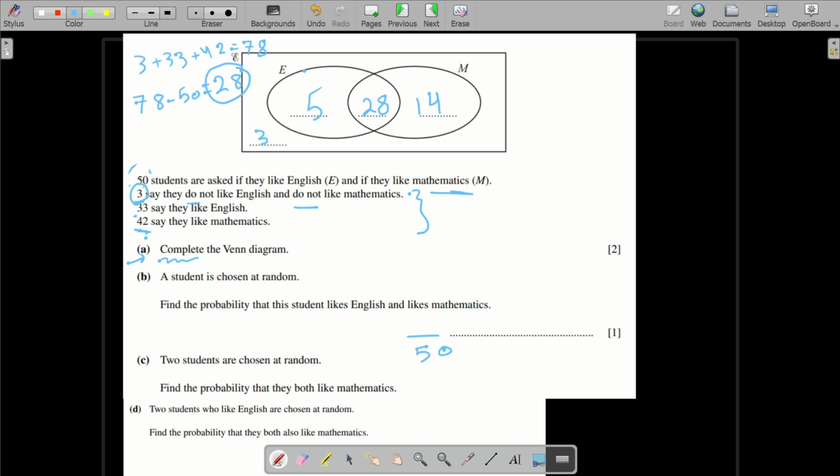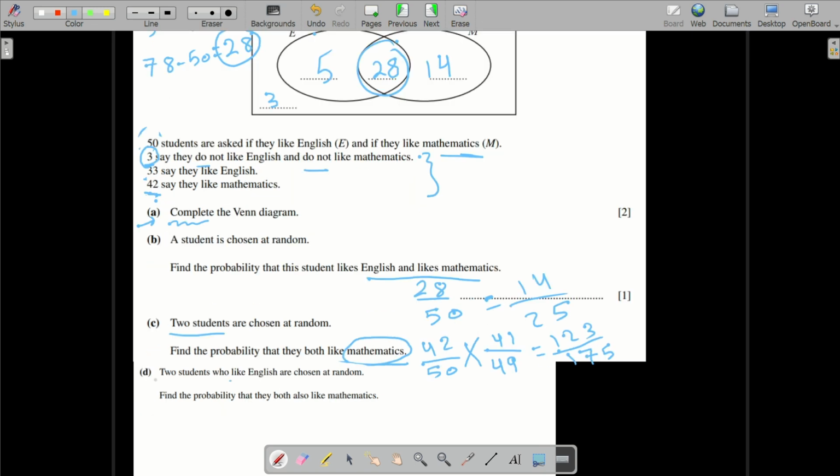Find the probability that this student likes English and likes mathematics. So how many students like both English and mathematics here? Of course, this is in the intersection, which are 28. So the answer here is going to be 28 over 50. Or 14 over 25, as you like it.